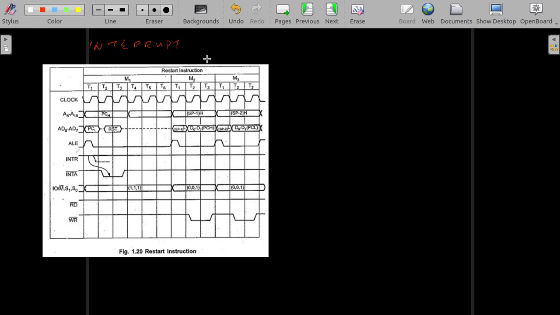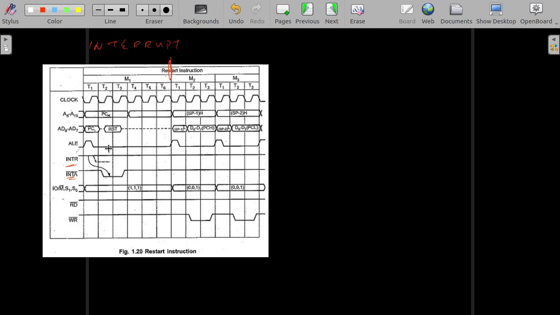You can consider this part to be the response of the processor when an interrupt is coming. The main takeaway is that we are considering these two signals, the INTR and INTA bar.